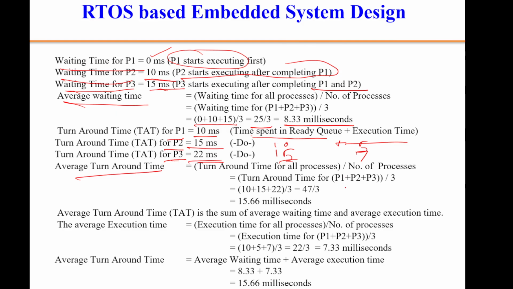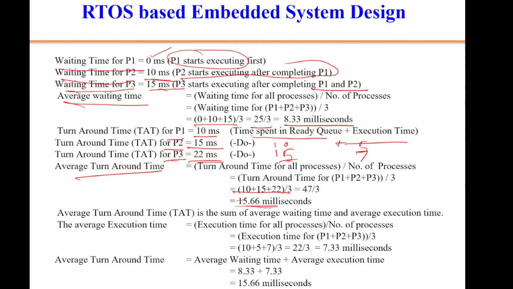So the turnaround times of P1, P2, P3 divided by 3, which is 10 plus 15 plus 22 divided by 3, which is 15.66 milliseconds.